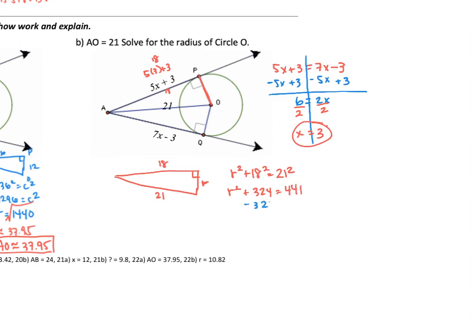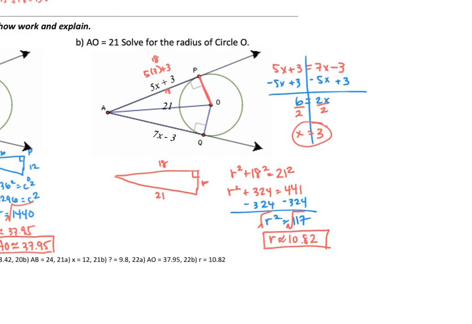Subtract 324 from both sides. We get 117, and then we're going to take the square root of both sides. It's going to be approximately 10.82.